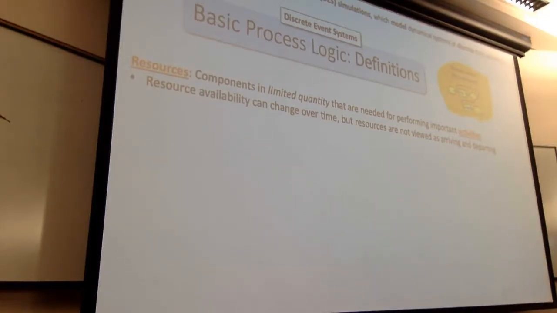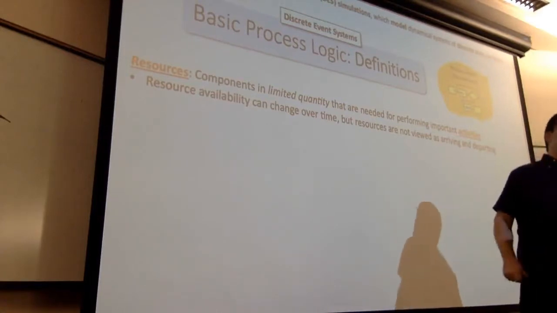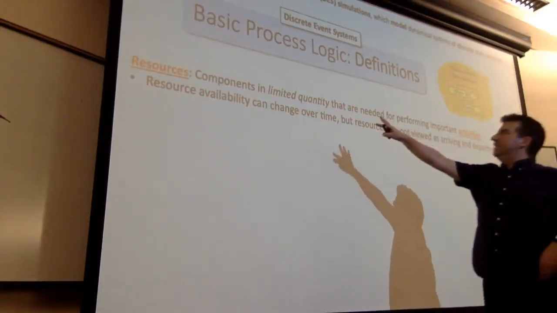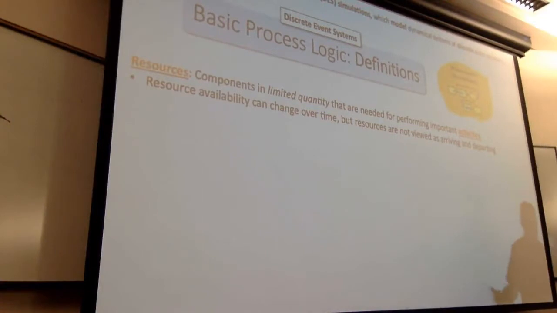All right, so then we also have resources. This term has come up. These are components in limited quantity. They're needed for performing these activities that we're interested in. And so an activity might be teaching the class. An activity might be checking an ID. An activity might be scanning a bag.